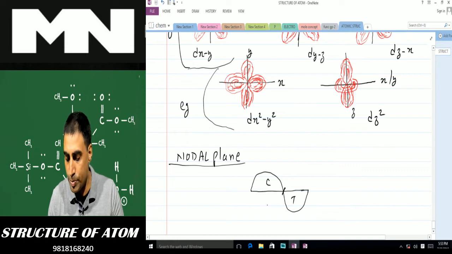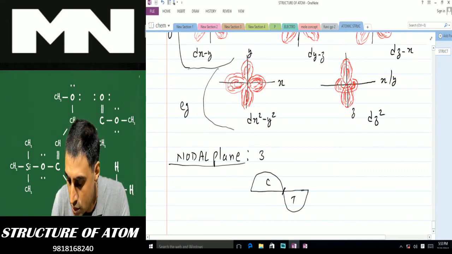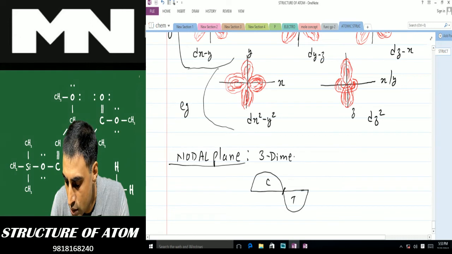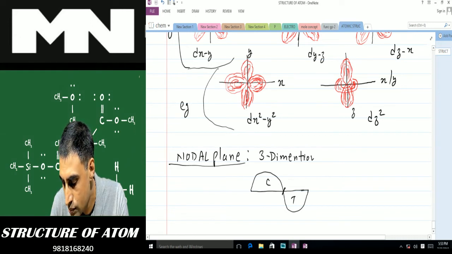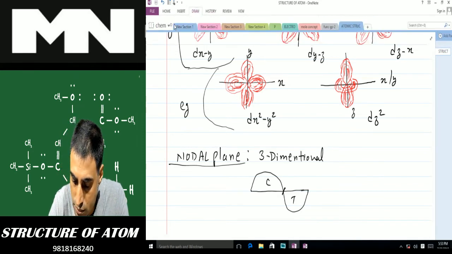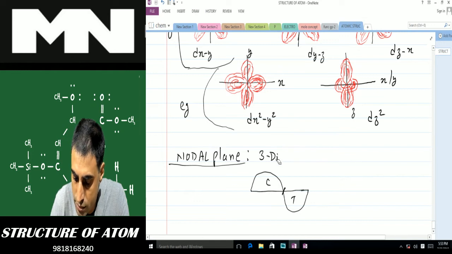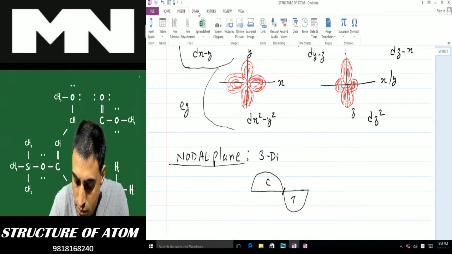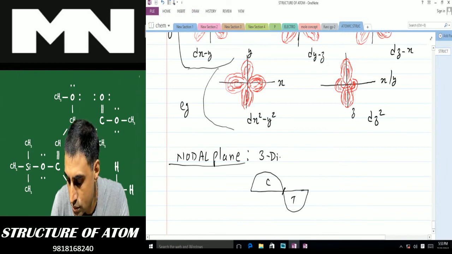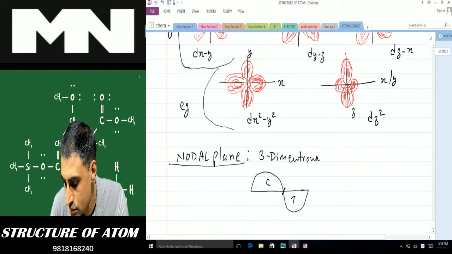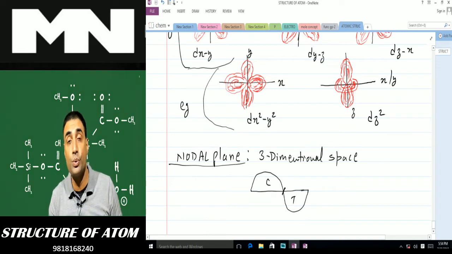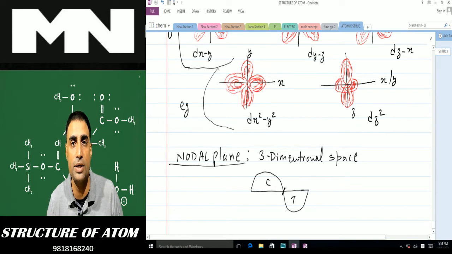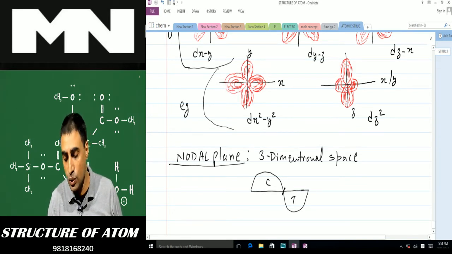So the three-dimensional space around the nucleus where the probability of finding an electron is almost 0 is known as a nodal plane.